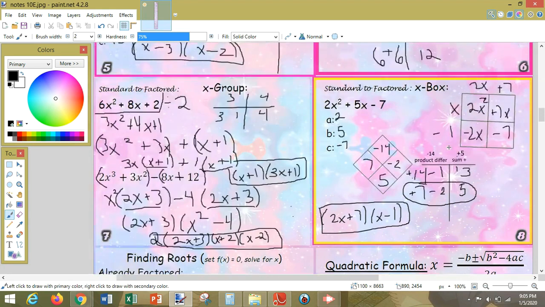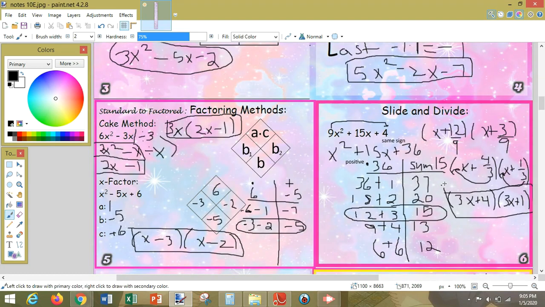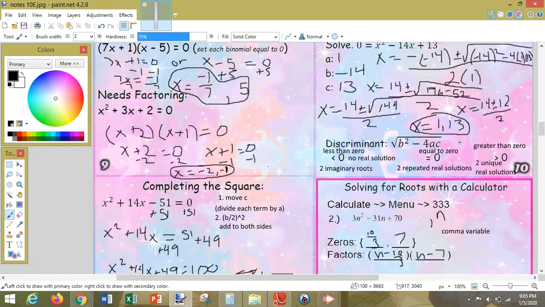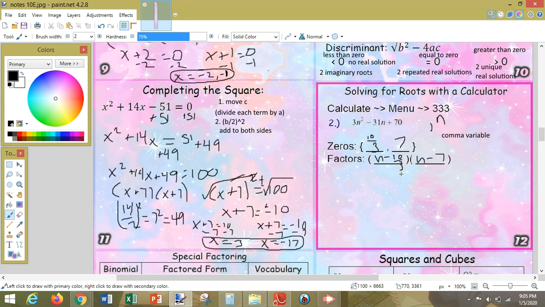Now, if you recall from the slide and divide method from up here, we can't have fractions in our factored form. So we have to slide that over to the front. So our factored form would be 3n minus 10 parentheses n minus 7. And that is our factored form.